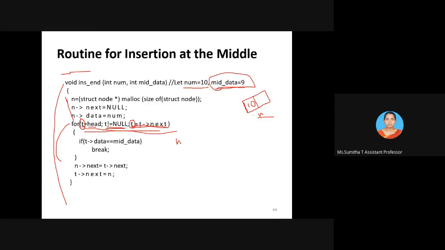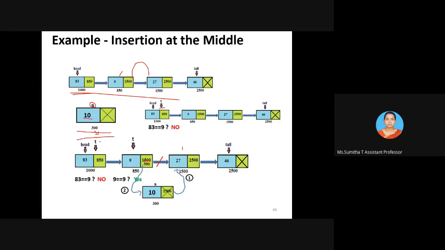For that I'm using t arrow operator next. For example, in the first iteration t is here, assigned to the head node. What does t arrow operator next denote in this node?